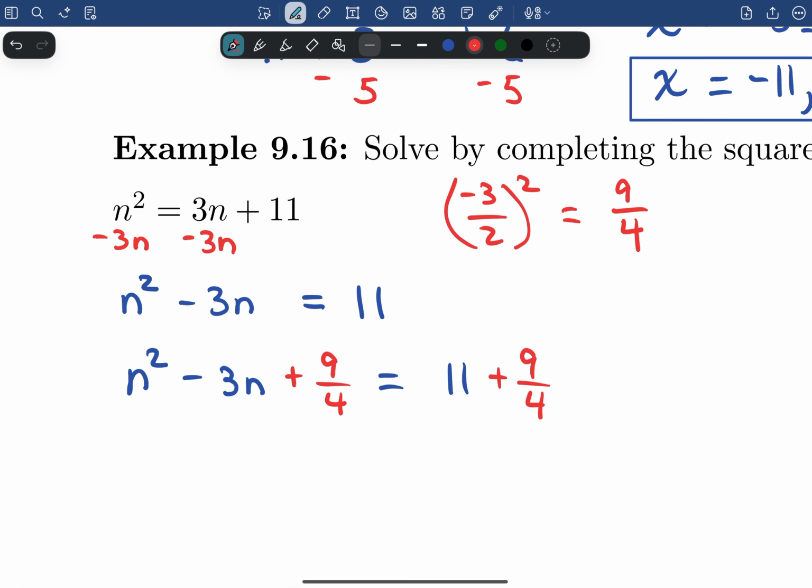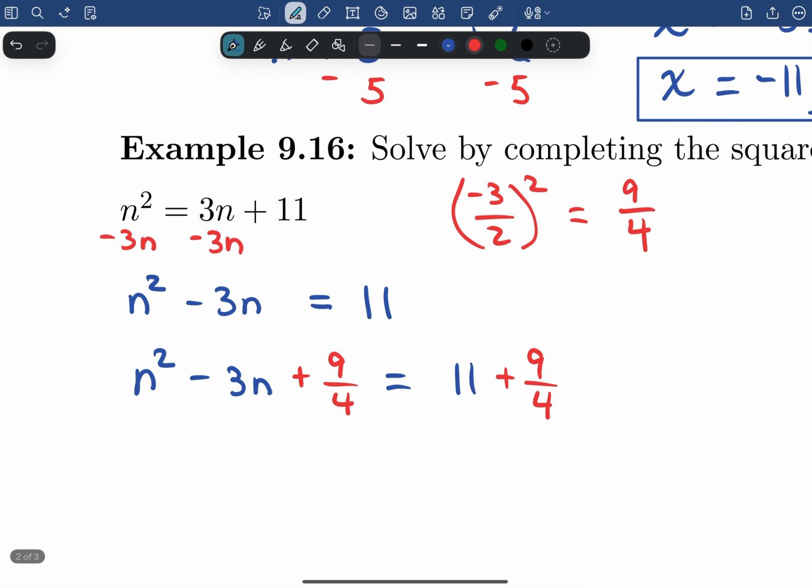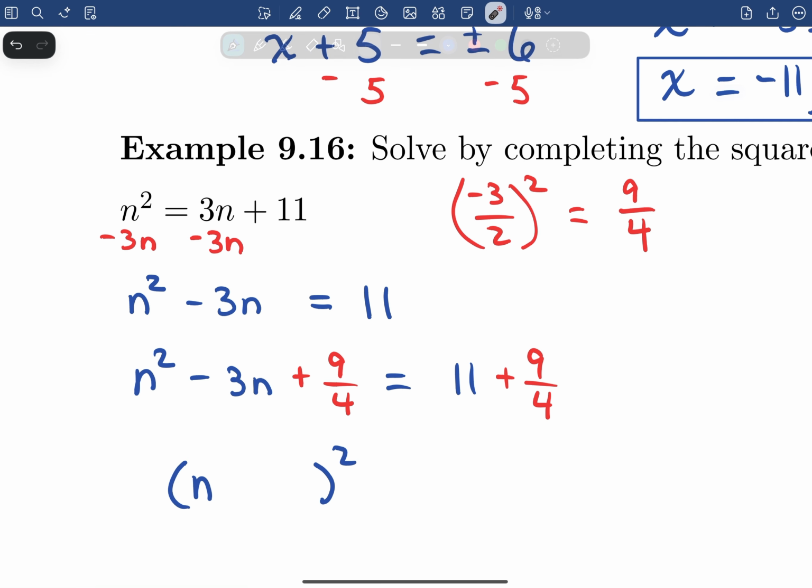Great. Now that I've done this, I have created a perfect square trinomial. This is the perfect square trinomial, and I'm going to factor it into a binomial squared because we know the patterns pretty well now. Okay, so I set it up. I have n. I have a minus sign right there, so I'm going to put a minus. And that makes sense because here I have the negative as well.